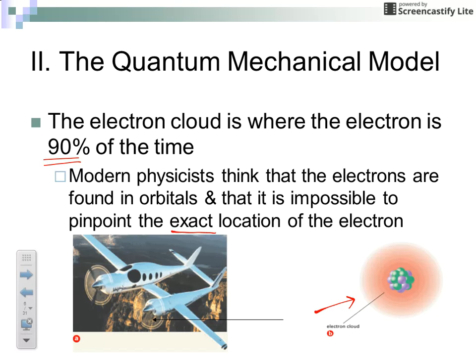It's darker, more dense towards the nucleus, and as you move away from the nucleus, it gets lighter and lighter in color. And what the textbook does a really neat little job of describing it, it's kind of like a fan blade spinning. If you look at the propeller blades here on the picture you see, that would be sort of like what looking at the cross-section of the electron cloud would look like.